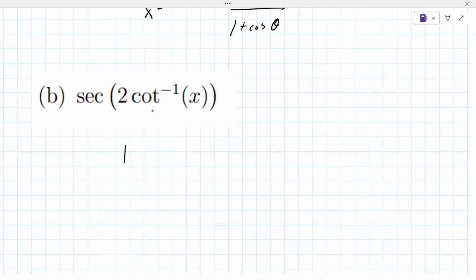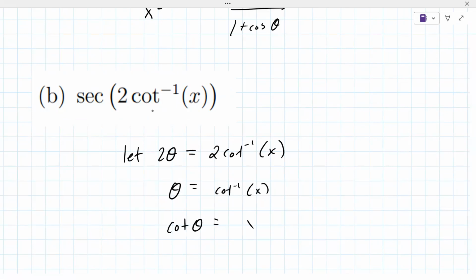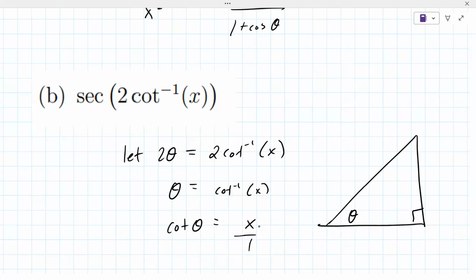So if you let 2 theta equal 2 cotangent inverse of x, theta equals cotangent inverse of x, you end up getting cotangent of theta equals x. Now you can draw the triangle. That's actually the right approach here. So I made the wrong substitution, but now that we've made the right one, the cotangent of theta is x. So 1 over x and then square root of 1 plus x squared.